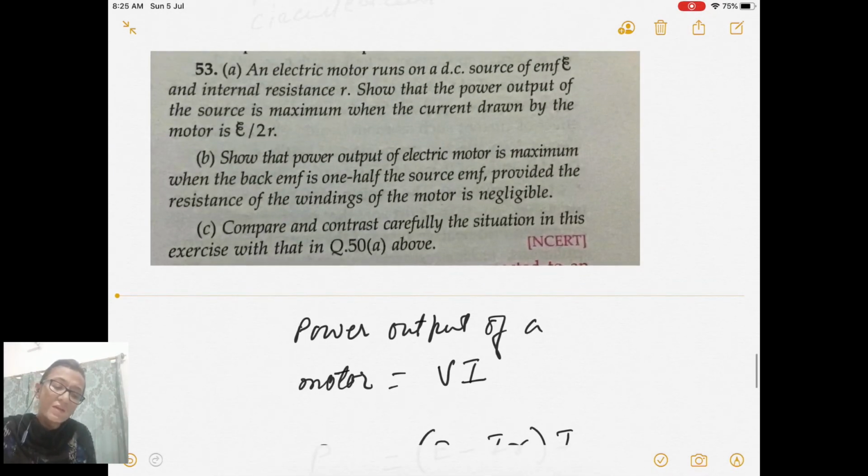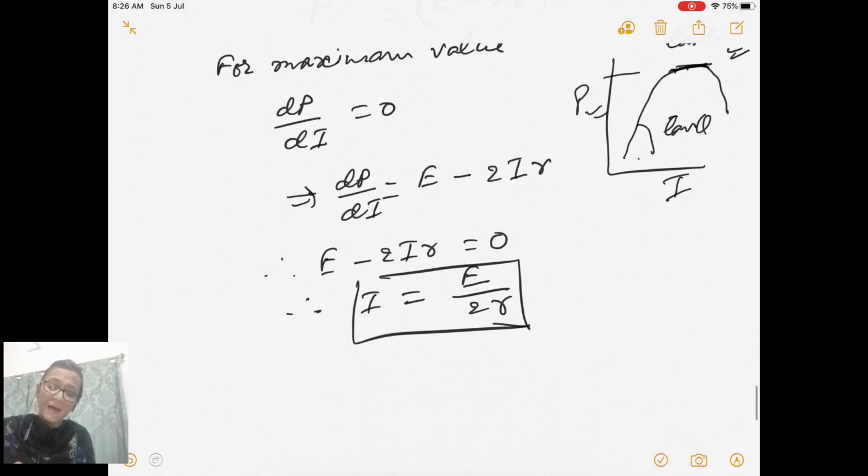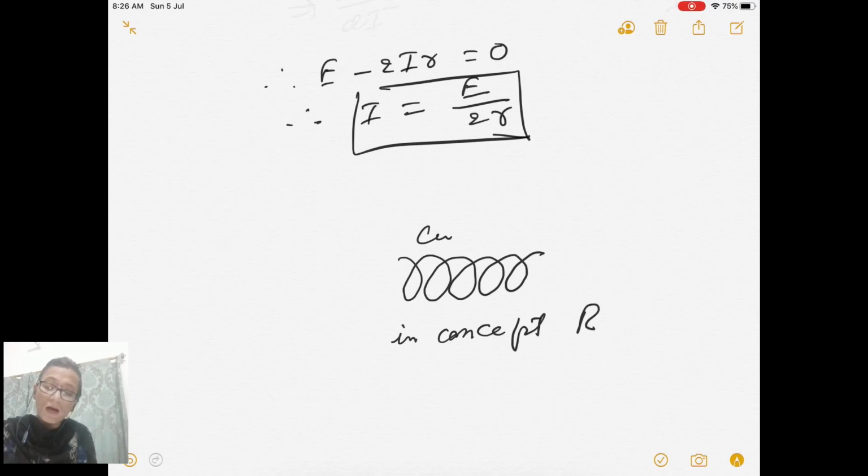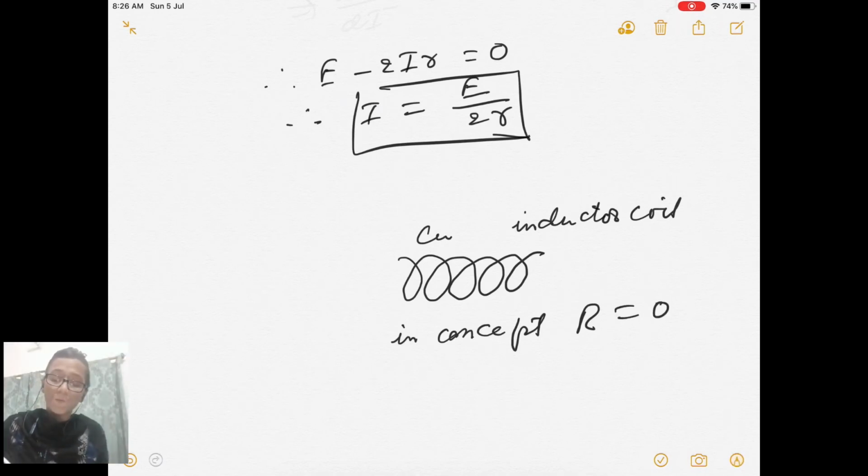Now question 2. So that the power output of electric motor is maximum when back EMF is half the source EMF. What is back EMF? So in motor we have inductor coils made up of copper only. And in concept, r of this coil is equal to 0.